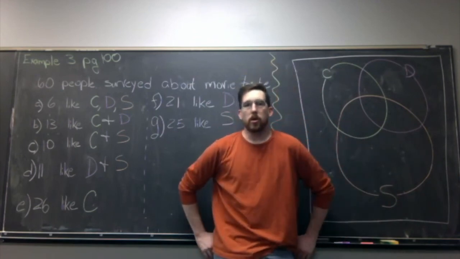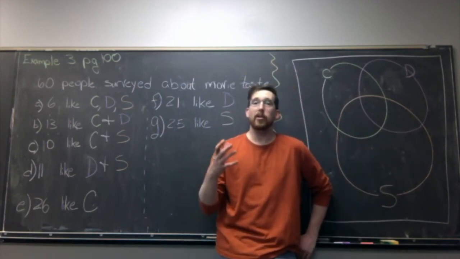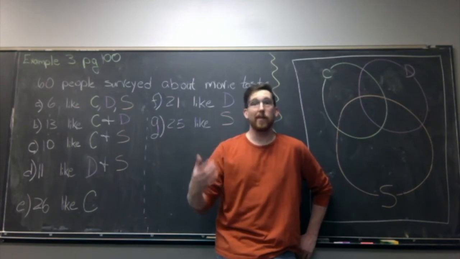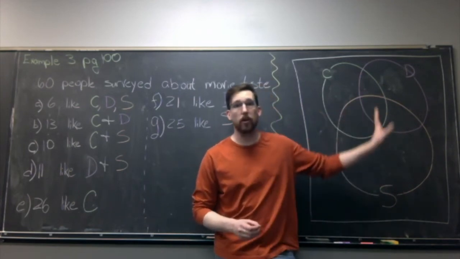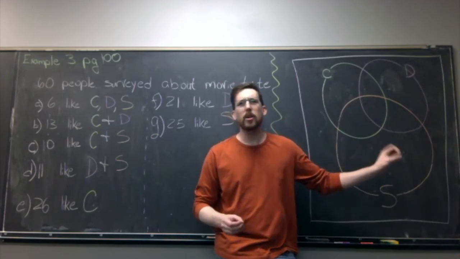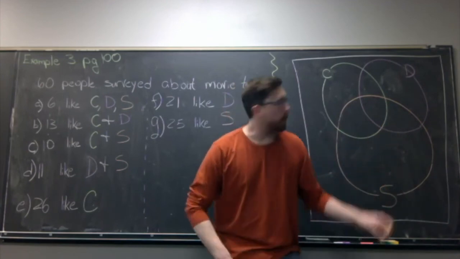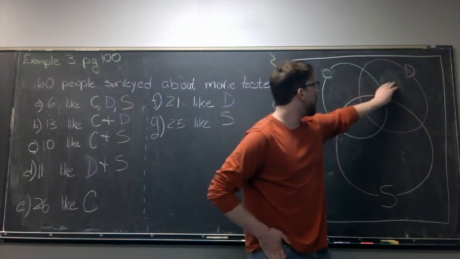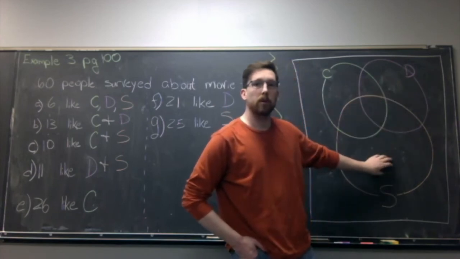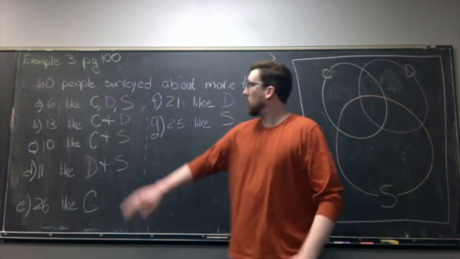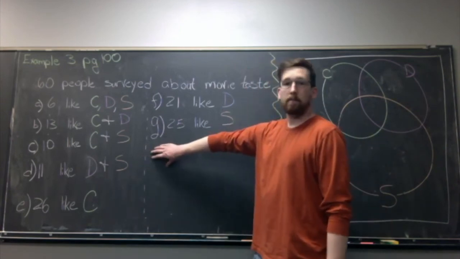So the way we're going to go about this problem is, instead of trying to write down 60 different unique individuals, because that would get cluttered really quickly over here, we're just going to write down the number of people who belong to each of these individual subsets. We're going to do that using this data.